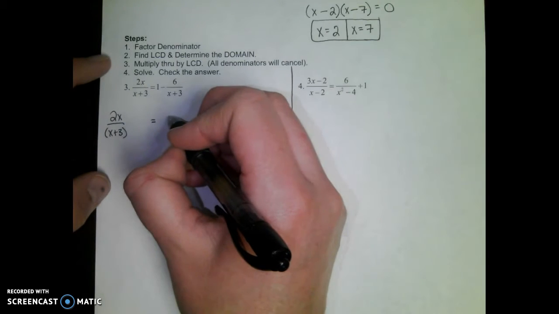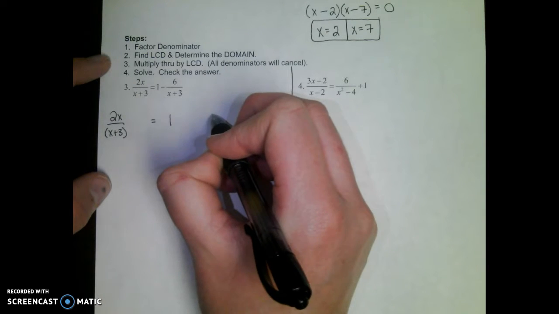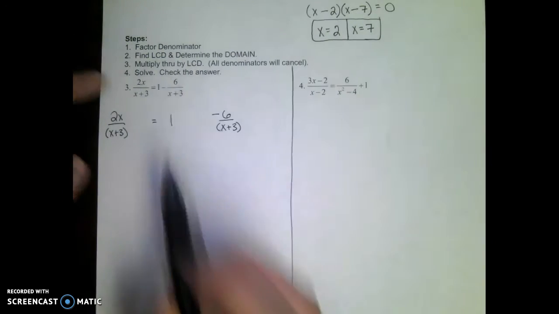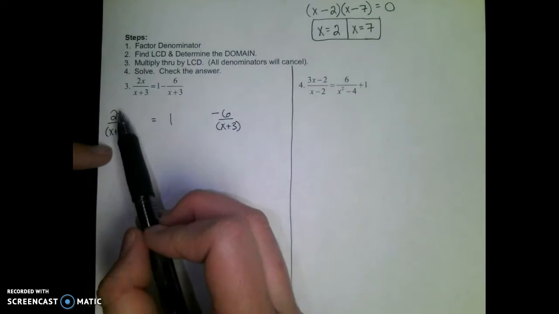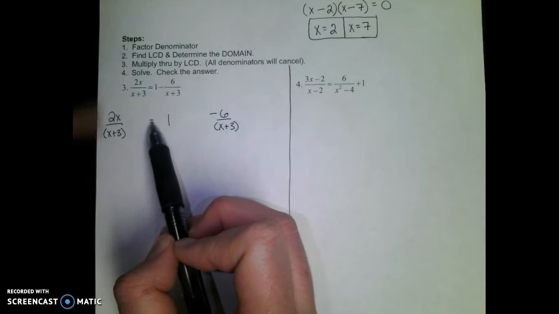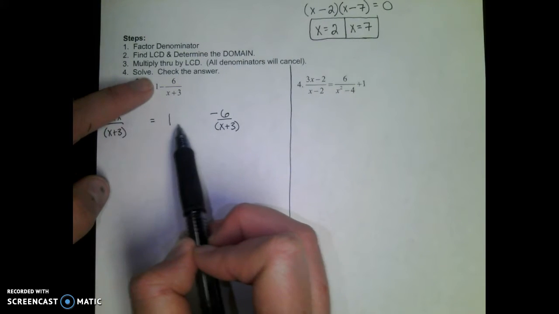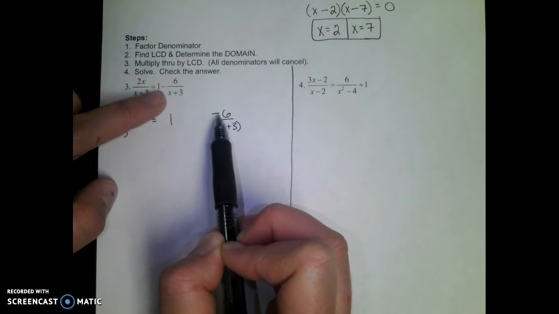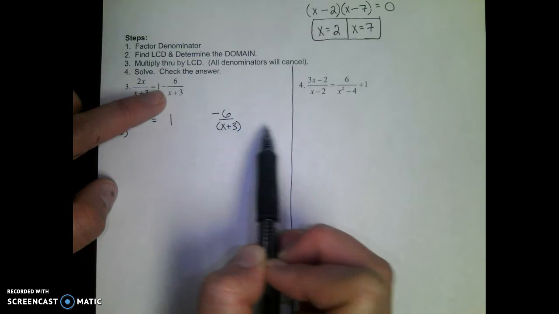Both of these denominators look fine, so I'm just going to write this nice and spread out. So I've got my 2x over x plus 3, a nice space, equals 1, a nice space, and then attach that negative to the 6, negative 6 over x plus 3, and a space.